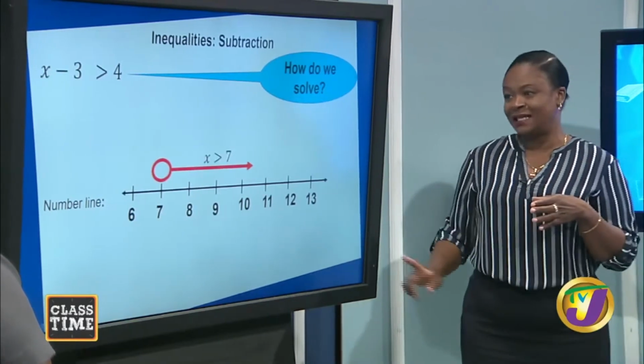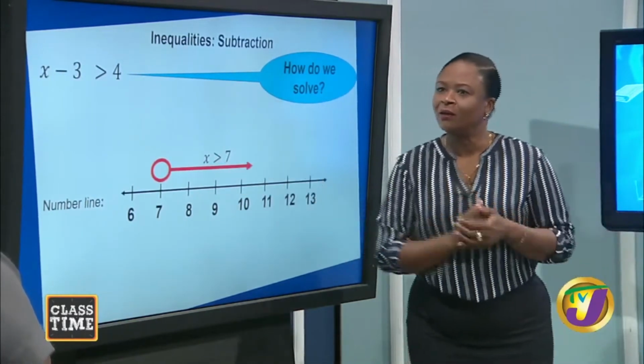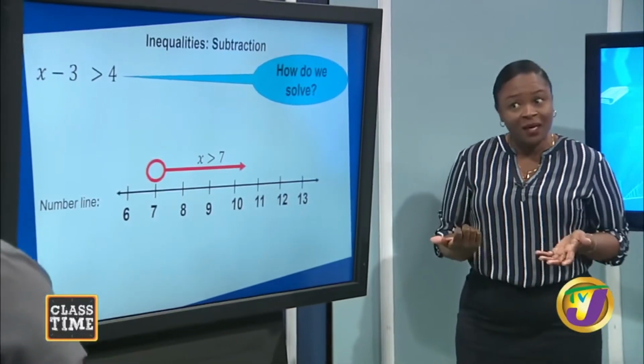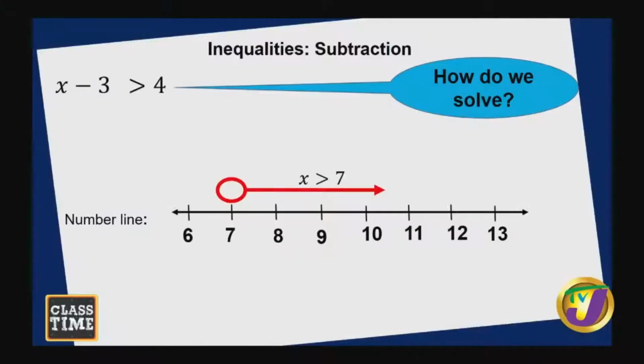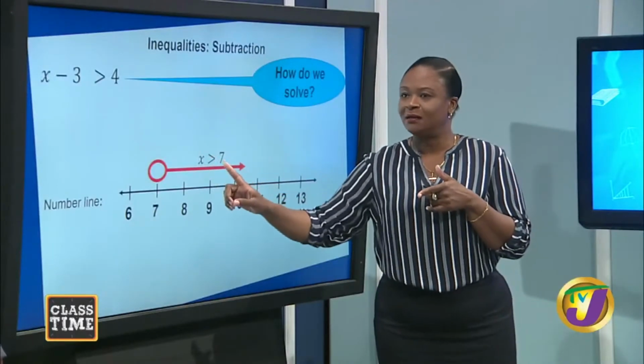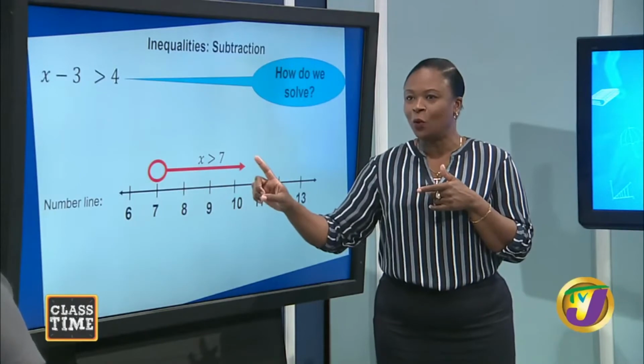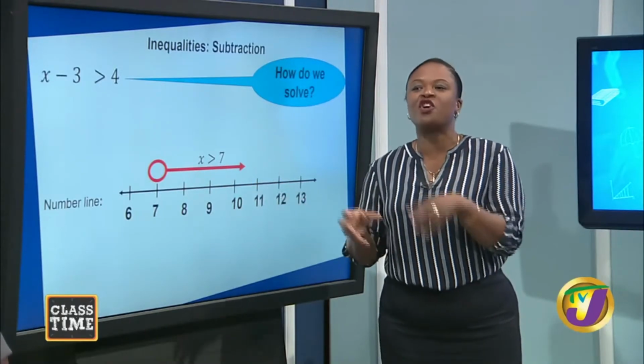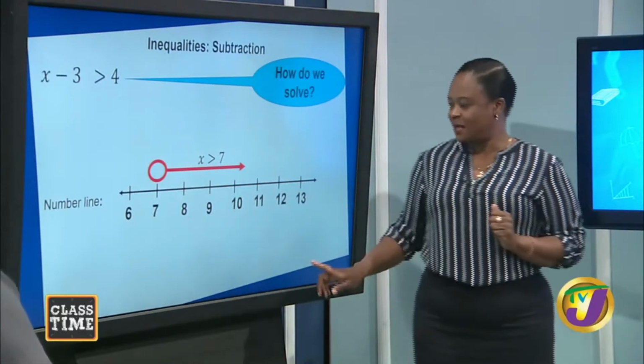In this case, the unshaded or open dot means that the endpoint of the ray is not included in the solution set. I can give any of the numbers on the number line going to the right, but I am not to include the 7 because it's open. It shows that it is open, and it states is greater than.